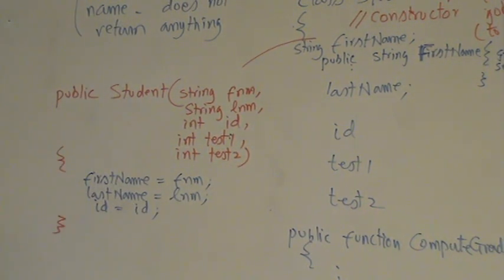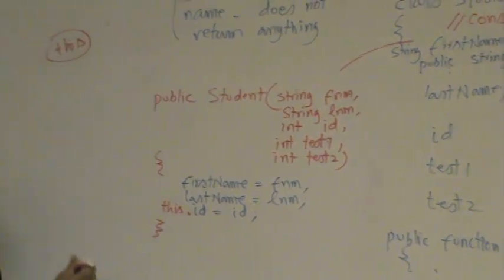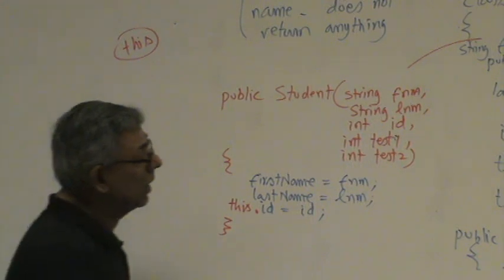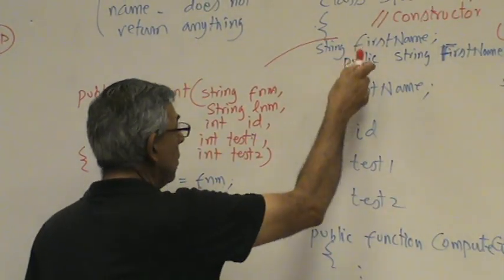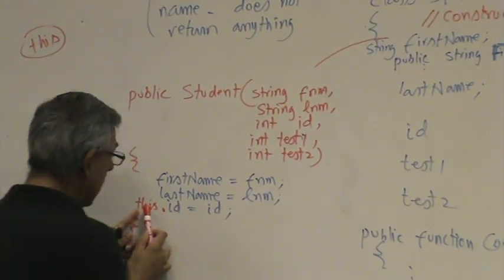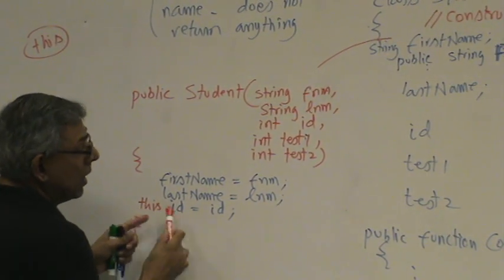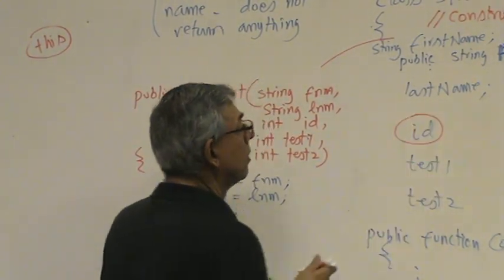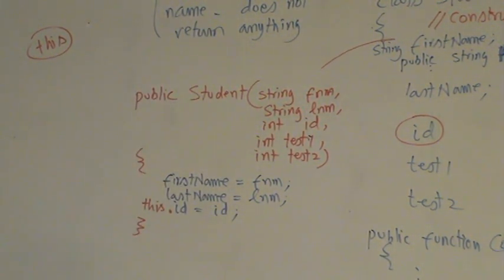So because there's a confusion, often to clarify, we will say this dot ID equal to ID. So this is a keyword. Basically it means the object that we are dealing with. So in this case, because this is part of the student class, anytime we use the this keyword, that basically means we're referring to the data for our class.